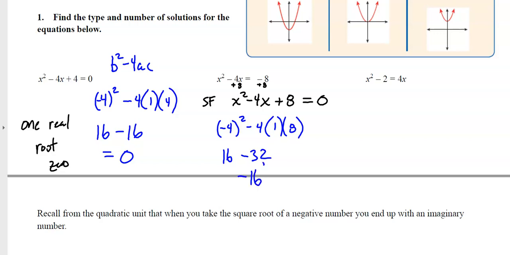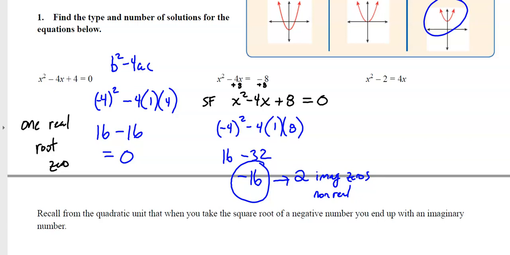Since it's negative 16, that means I'm going to have two imaginary zeros, or non-real, depending on the vocabulary you want to use, two non-real zeros. So this one's going to be a floater. I know that one's going to be a parabola floating above the x-axis. It'll be kind of this scenario right over here.